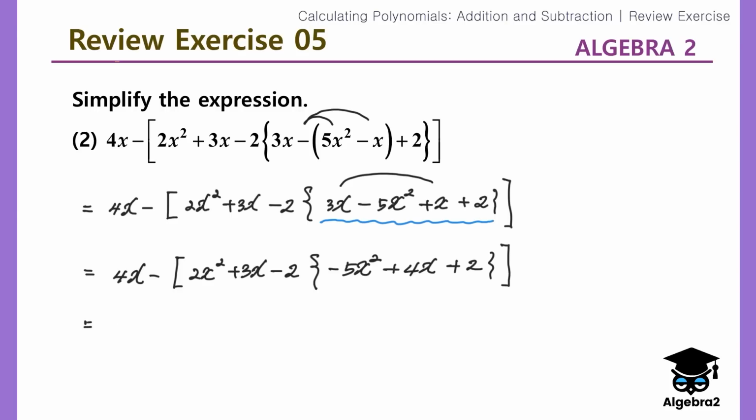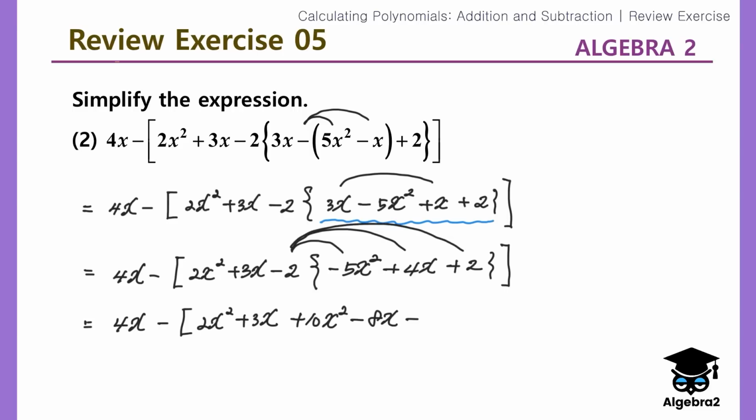So that is equal to 4x minus 2x squared plus 3x. Here, minus 2 times minus 5x squared, that's going to be plus 10x squared, minus 2 times plus 4x, minus 8x, minus 2 times plus 2, that's minus 4.